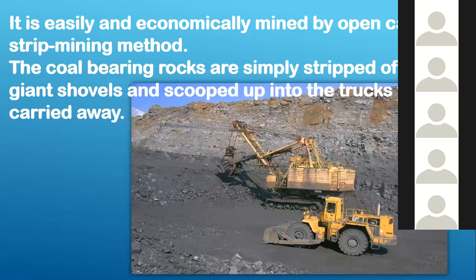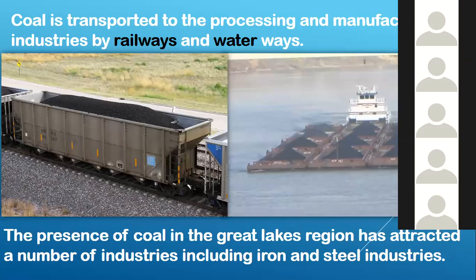So we covered that one. Then how is it transported? You can see we have the rail line here, and the vessels here underwater, transporting from the mining areas to the processing industries.